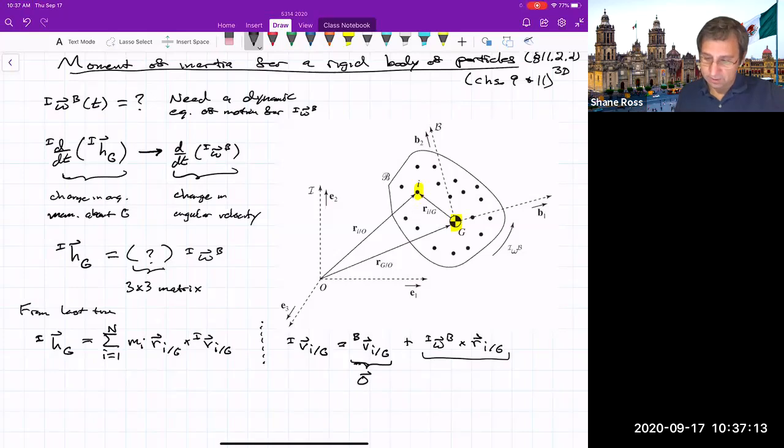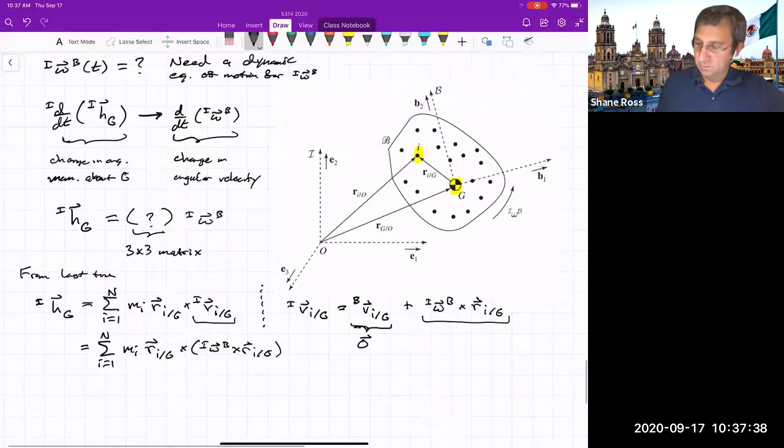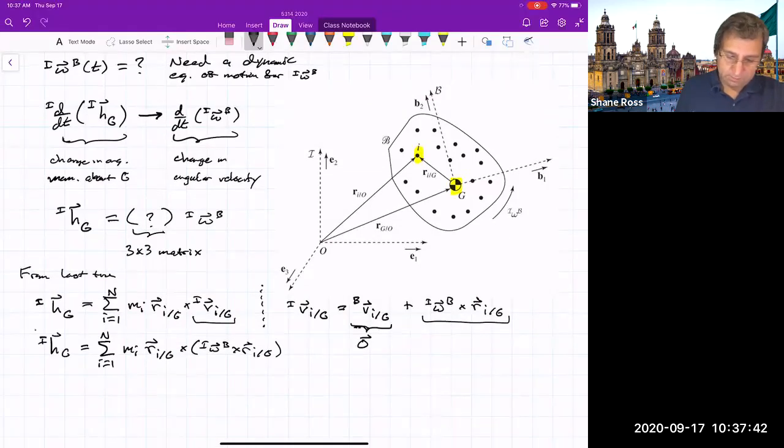So we can substitute in omega cross r_iG, and then we'll have a cross product of a cross product: m_i r_iG cross omega_B cross r_iG. Well, that's kind of annoying.